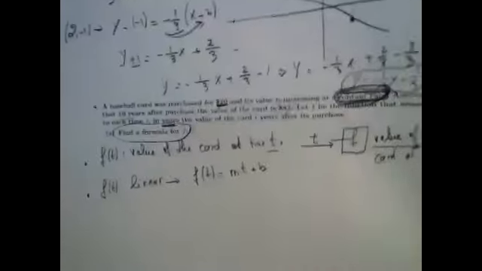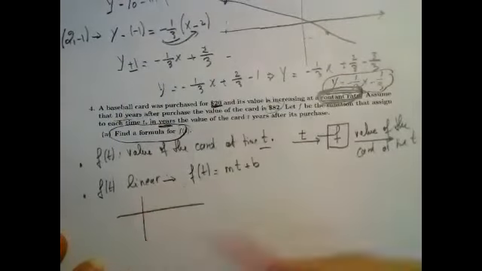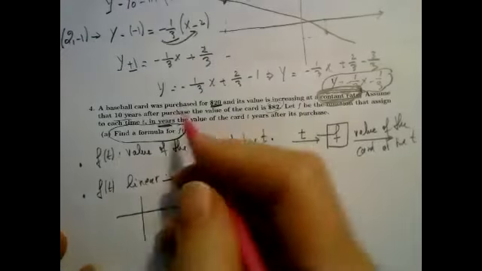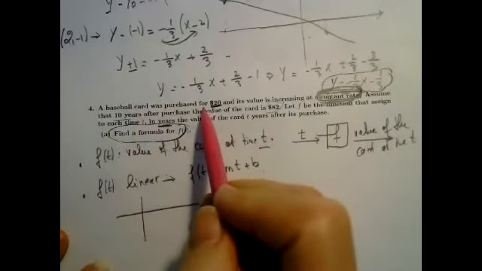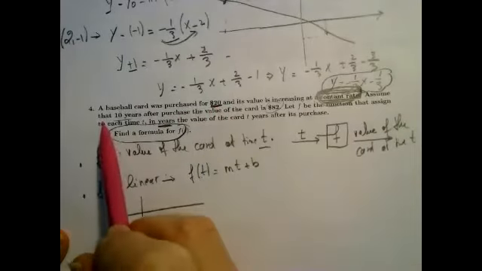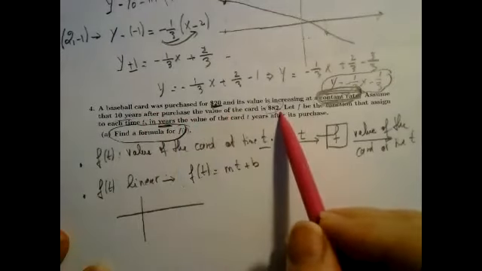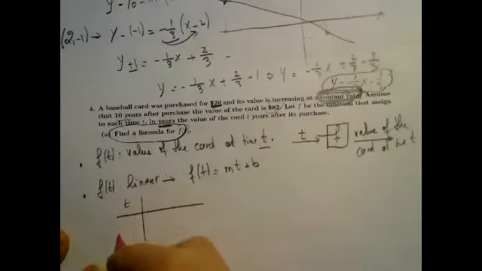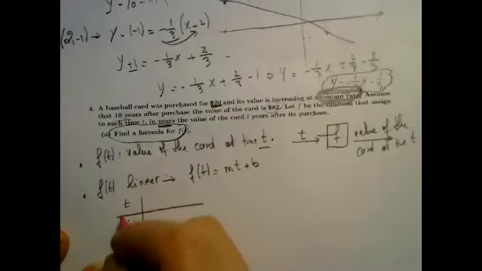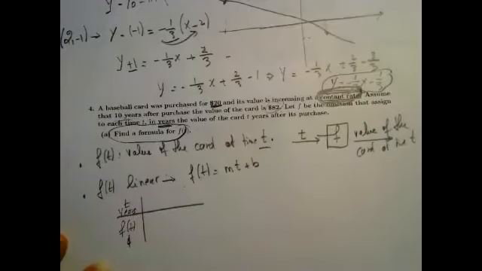All right. To find the formula, I need data. What do they give me? The card was purchased for $20 and its value is increasing, and after 10 years the value of the card is $82. So this is time in years, and that's the value of the card in dollars.